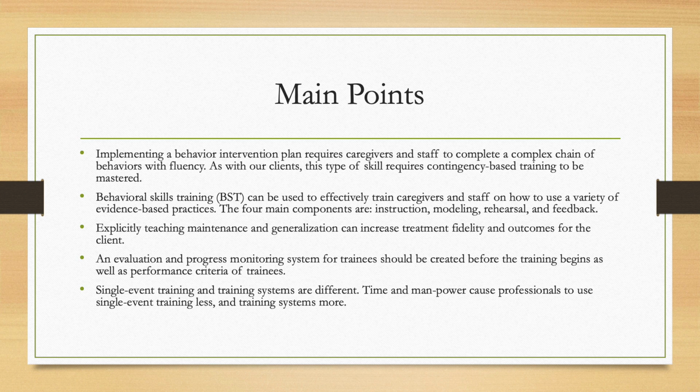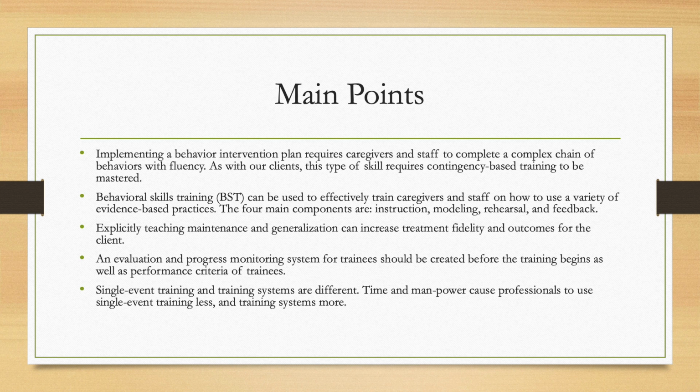Like I gave the example of the screaming child, the parent, and, hypothetically, my staff member who's working with the client. In a single event training, in the hypothetical situation, I did a single event training for the caregiver and my staff member to do a planned ignoring intervention. So that's a single event training. I'm taking a single evidence-based practice and I'm teaching it to a select number of people and it's directly targeted towards the client.